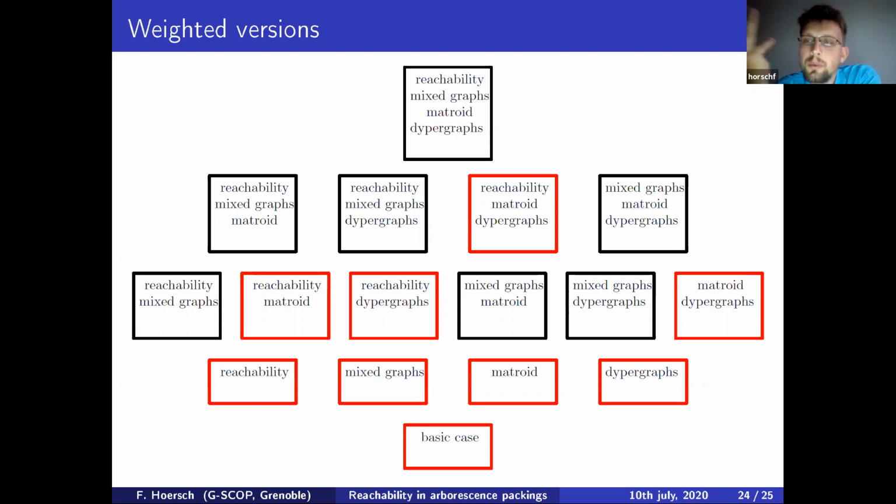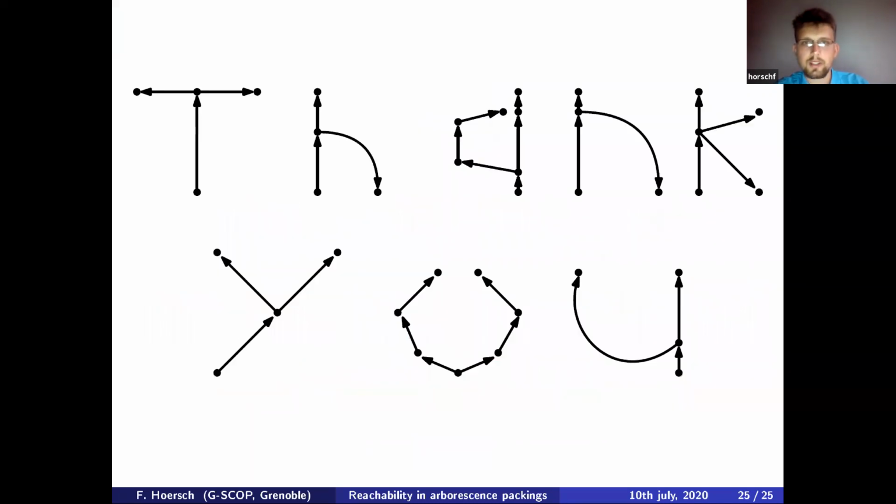But what all proofs also give you is that it goes well with weighted packings. So once someone gives us an algorithm for the case of mixed graphs, matroid type graphs without reachability, once we have a weighted algorithm for that, we can also give you a weighted algorithm for the very top case. Adding reachability won't destroy that. Okay, so that's it. Thank you.